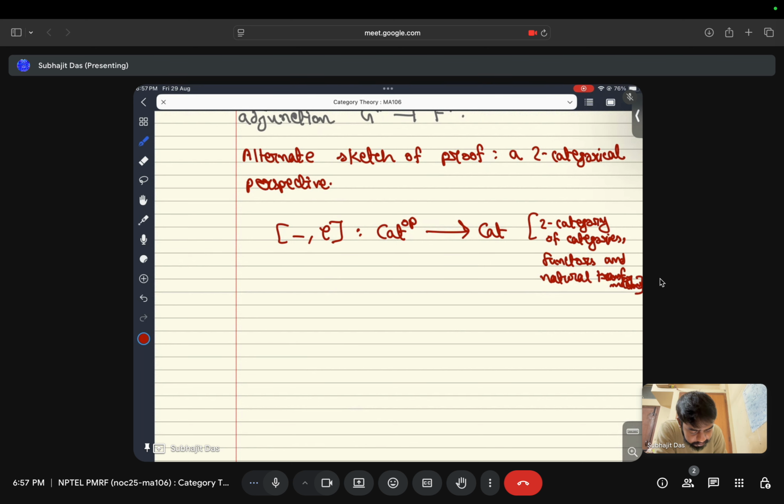Cat op is again the two category of categories, functors, and natural transformations, but with the direction of the one cells reversed. I mean the one dimensional arrows that I was talking about today.